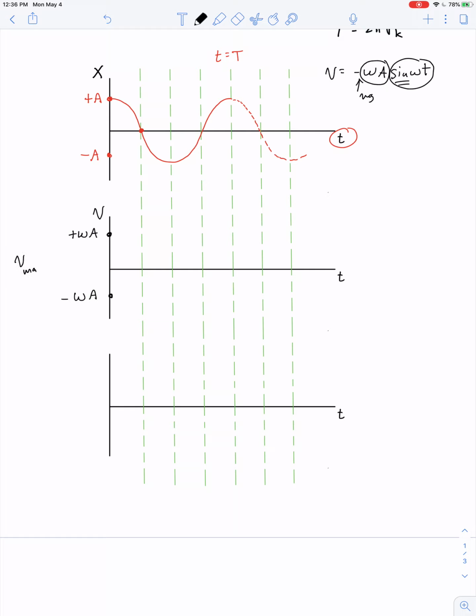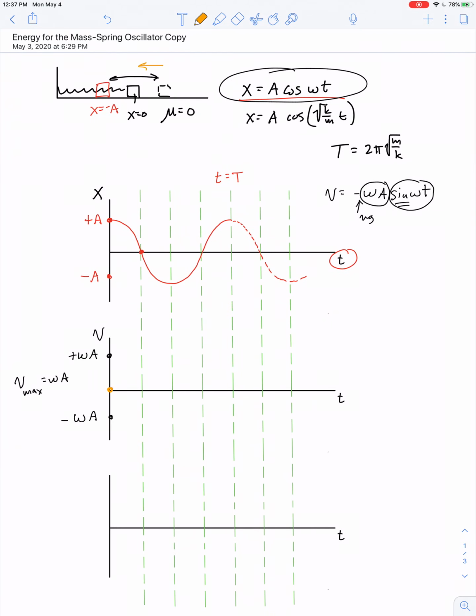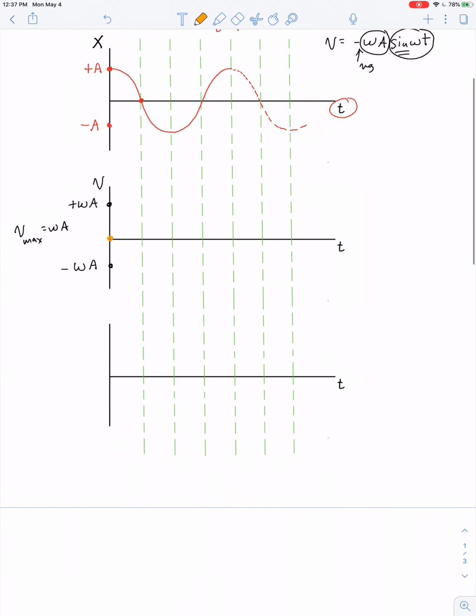So we can say v max is equal to omega A. And at time t equals 0, the moment you release it, we're saying you release it from rest. So speed starts out at 0, and then immediately when you let it go, it starts out moving to the left. So it starts out with negative velocity, and it has its greatest speed when it returns to the equilibrium position. So there's a quarter cycle.